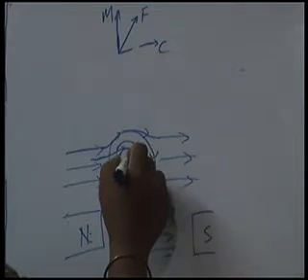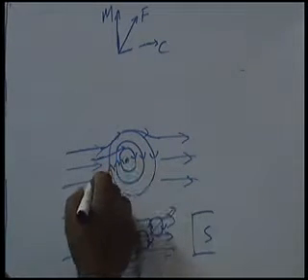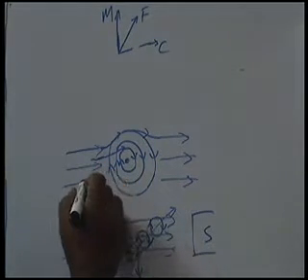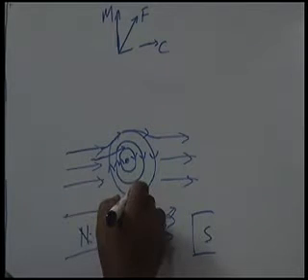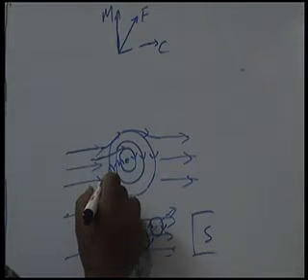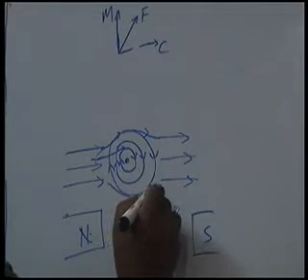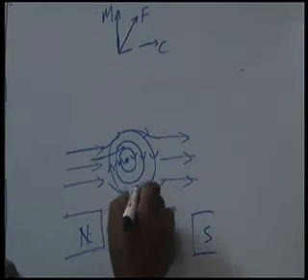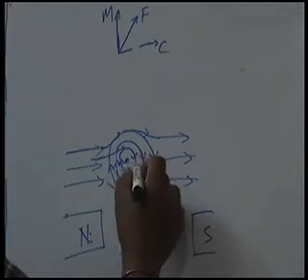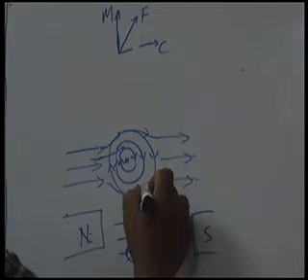And what about the downward side? Towards the downward side, you can see that these forces are this way, and the magnetic forces due to the conductor are this way. So they cancel out each other.